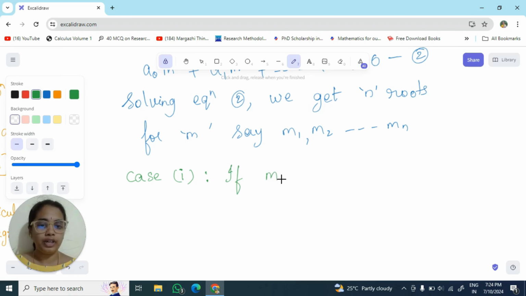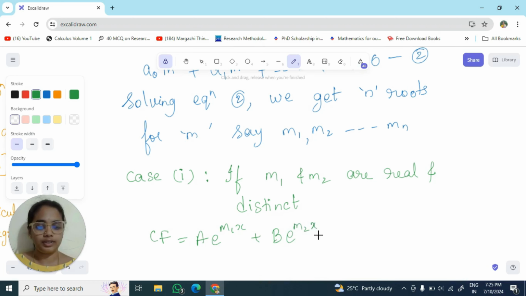So if m1 and m2 are real and distinct, what happens then? The CF would be in the form C1, or you can also write it as A. Okay, it's just a constant, A e to the power m1x plus B e to the power m2x.